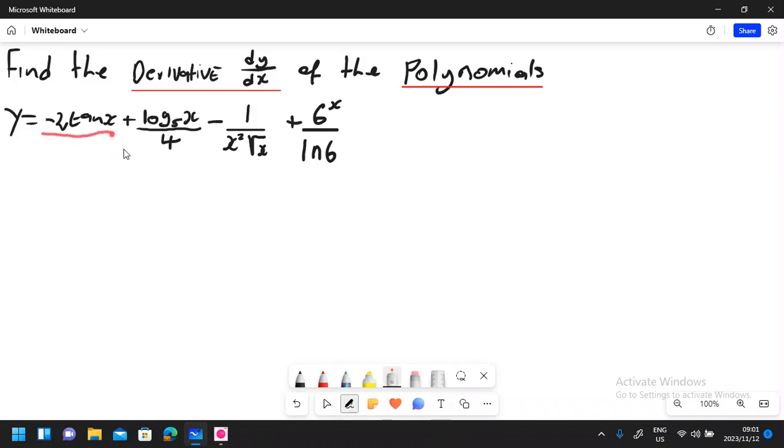The first term here is a trigonometric function. The second term is a logarithmic function. The third term is a standard function, so it's going to be a standard derivative. And the last term, x is our exponent, so it's going to be an exponential function.